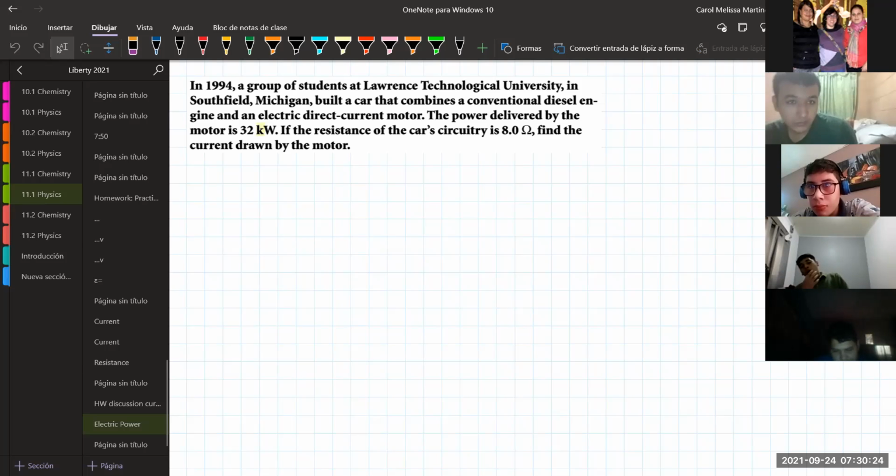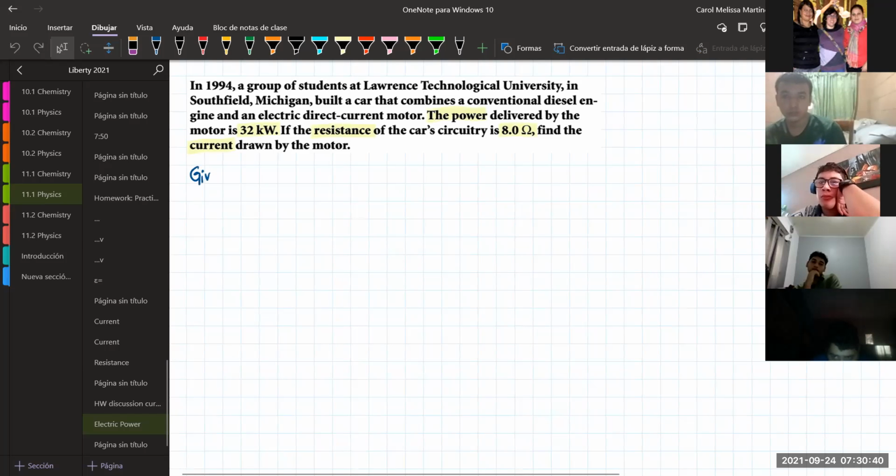So the power in this problem is 32 kilowatts and the resistance is found to be 8 ohms. It says that you need to find the current. So these are the givens. The power is 32 kilowatts.